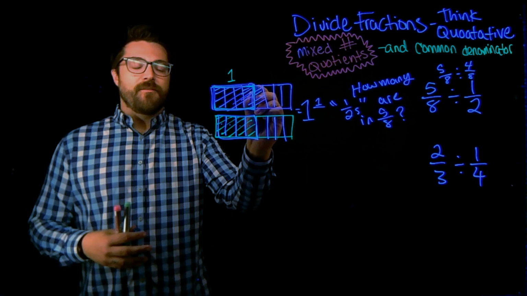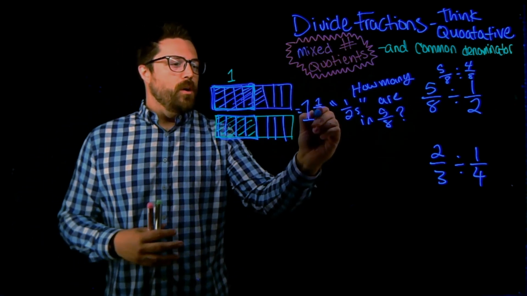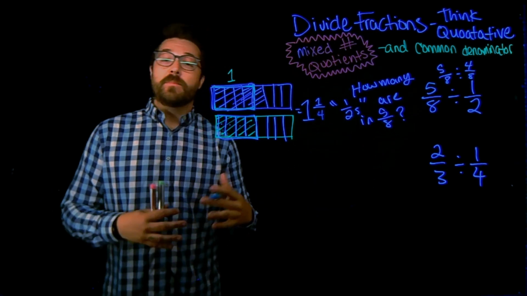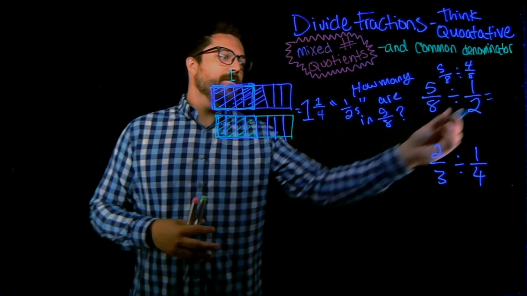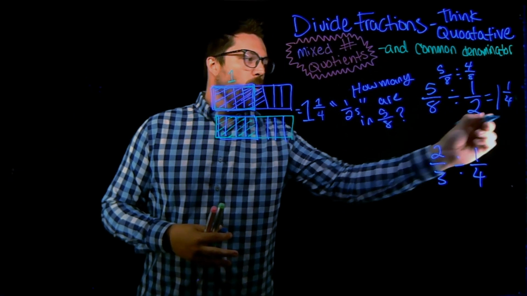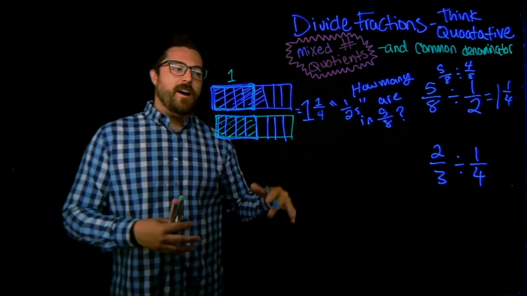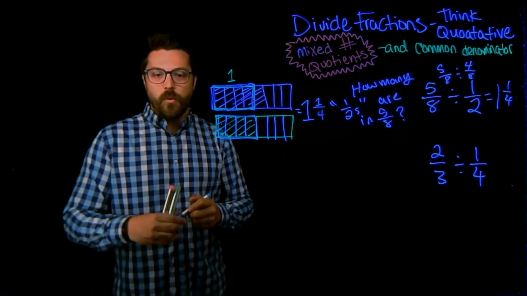And so since I have 1 left over, but I needed 4 to have another whole, my denominator is going to be 4. So 5/8 divided by a half. How many halves are in 5/8? Well, there's 1 and then a fourth of a half in 5/8. So 5/8 divided by a half is 1 and 1/4.